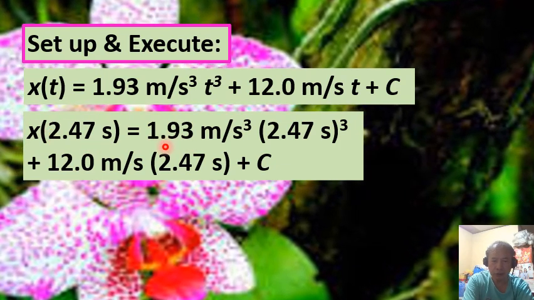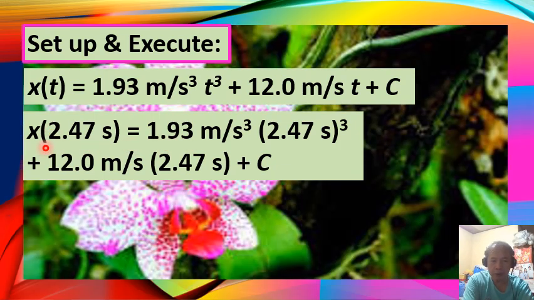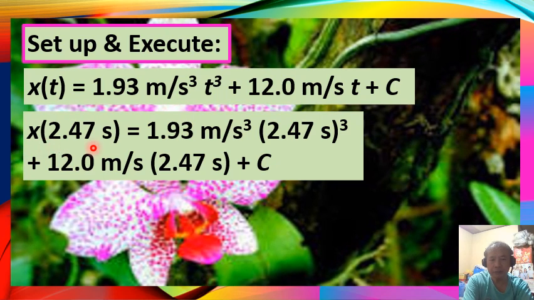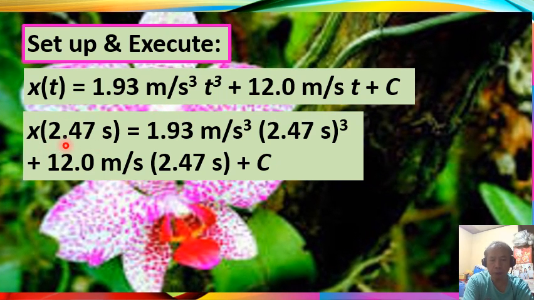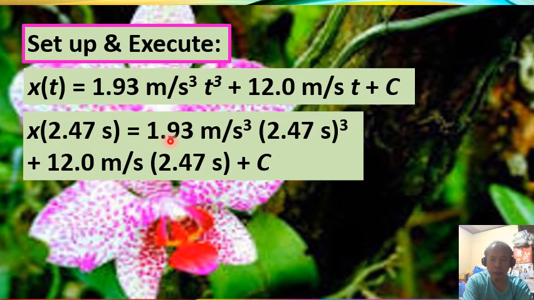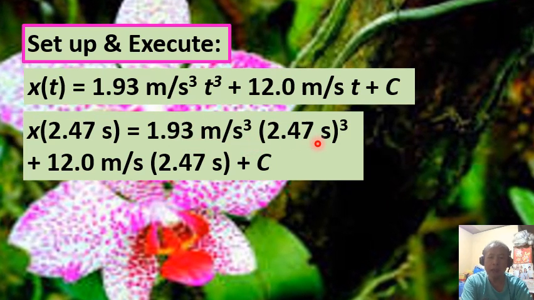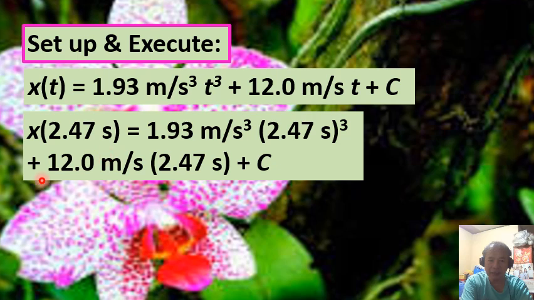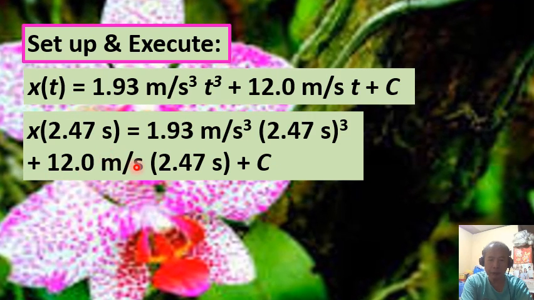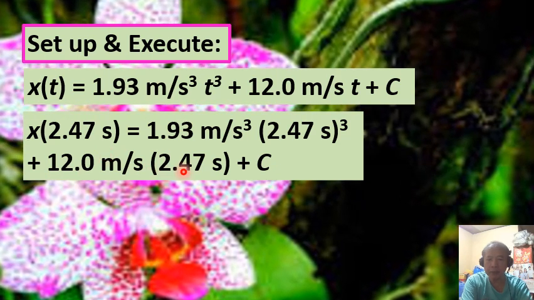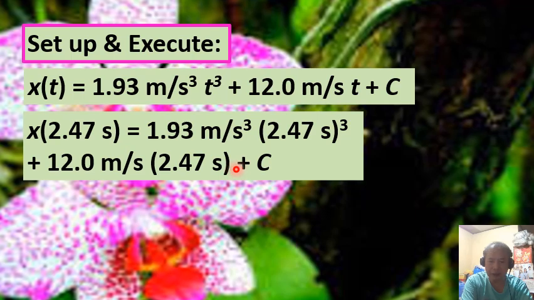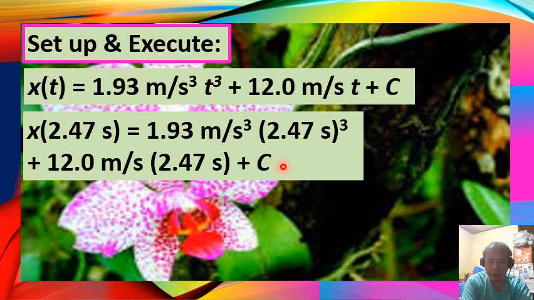So the position x after 2.47 seconds equals 1.93 meter per second cube multiplied by the cube of the time t, 2.47 seconds, plus 12.0 meter per second times the time 2.47 seconds plus the constant capital C.